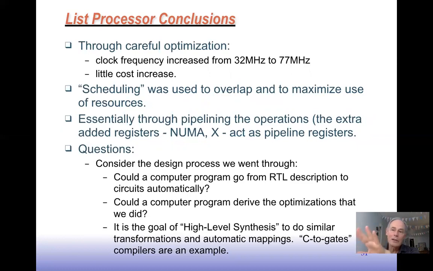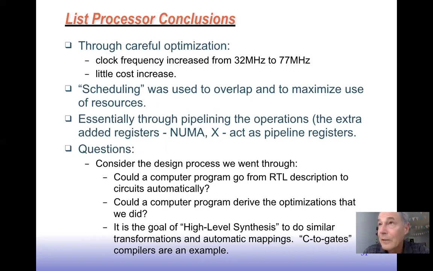It matched the tendency we might have if we were going to write this as a program. But then we were able to add extra registers and decouple operations on different clock cycles, and kind of pipeline it that way. So we got it up to 77 megahertz, and this came at relatively little cost increase.